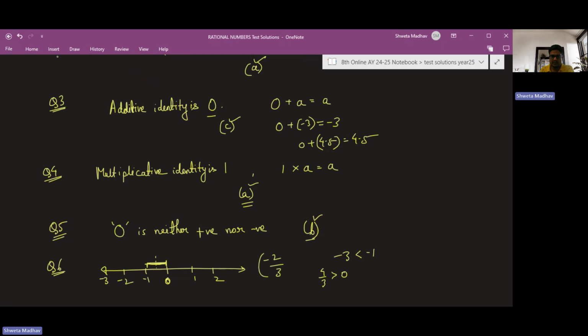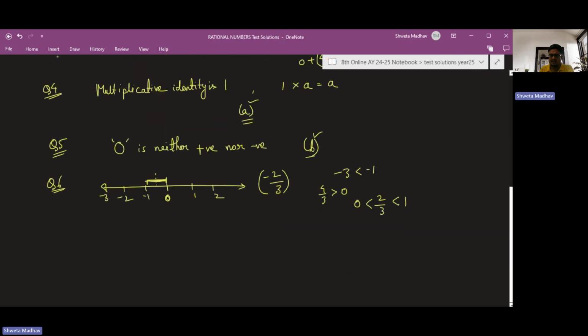So hence minus 2 by 3 is the answer. And also we can see that 2 by 3 is a number which is more than 0 and less than 1. If we take the minus sign, then the inequality sign will be reversed. So minus 2 by 3 is less than 0 and greater than minus 1. So option C is the correct answer.